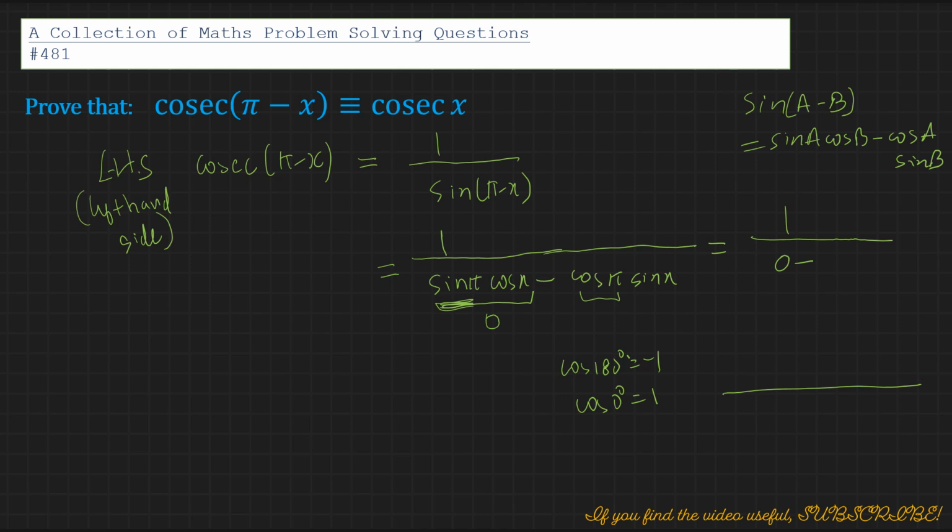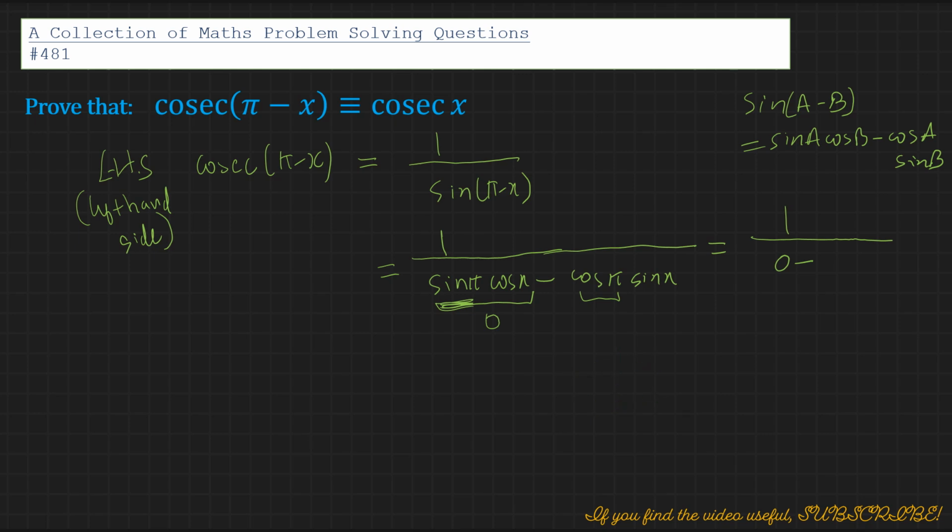The reason is that 180 degrees lies in the second quadrant, where cos is negative. Sine is positive in the second quadrant, all are positive in the first, tan is positive in the third quadrant and cos is positive in the fourth. So in the second quadrant cos is negative, and therefore cos of 180 degrees would be minus 1.